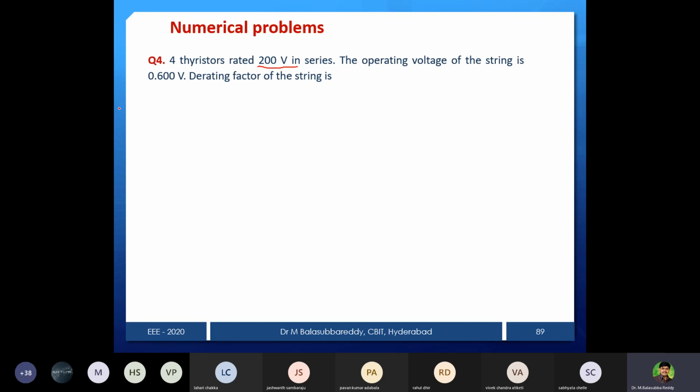The operating voltage of a string is 600 volts. Determine the derating factor of the string. Now we can see that the derating factor is equal to 1 minus the string efficiency. So this is the formula. String efficiency here is in terms of voltage, because they gave voltage, that is the reason we use the voltage rating.